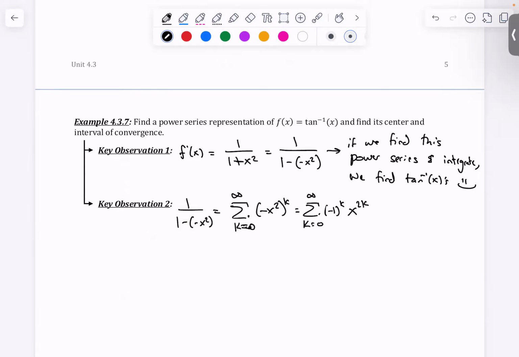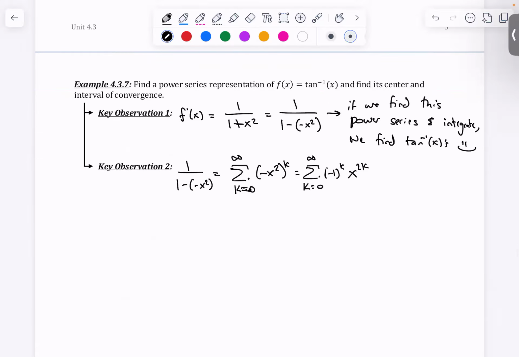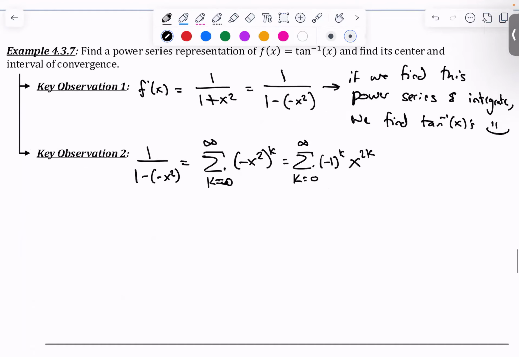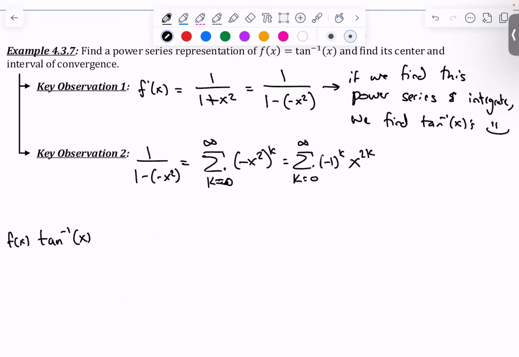All right, go ahead and integrate it term by term. You should do it yourself. I'll slowly fill in details. And integration rarely, if ever, changes the indices lower bound. So you can just assume that it's going to be k equals 0.